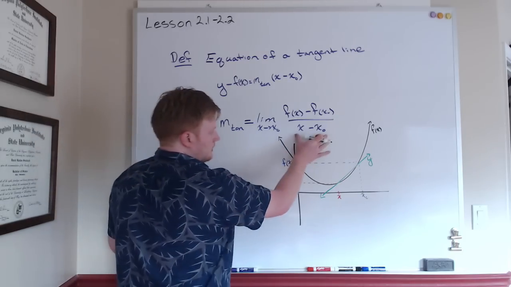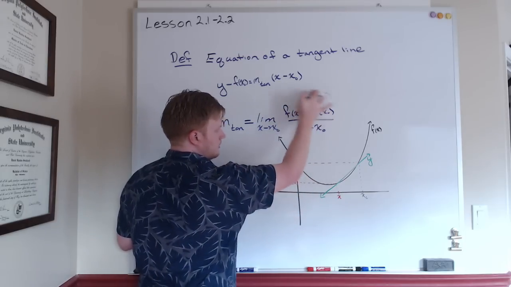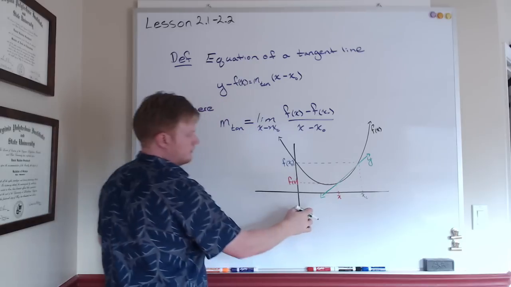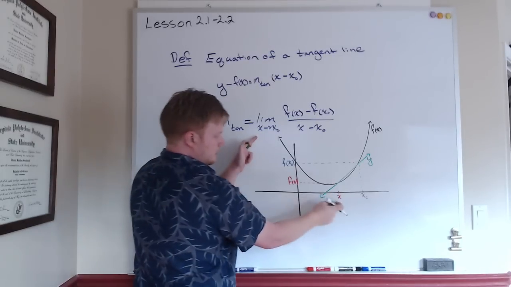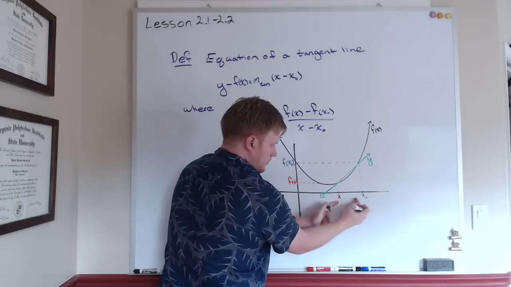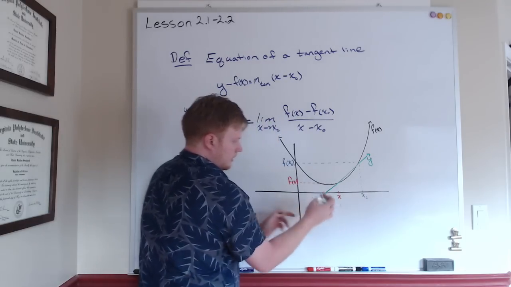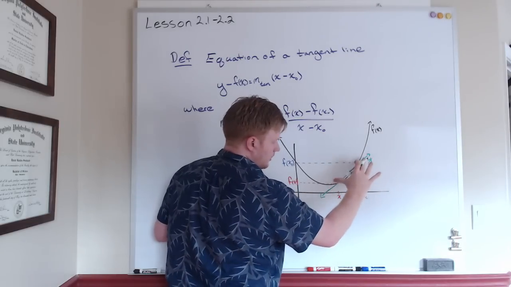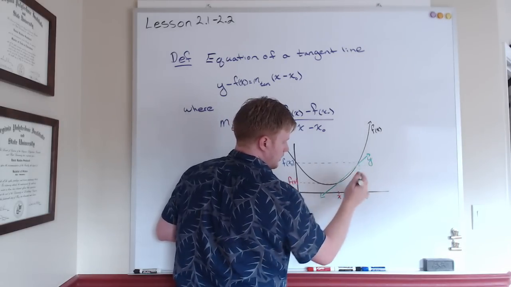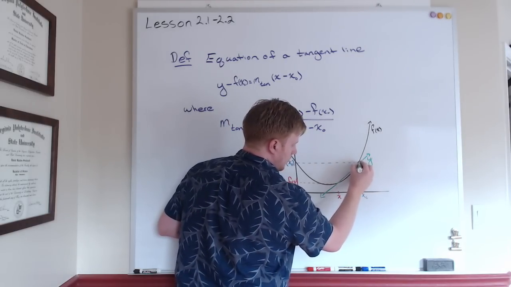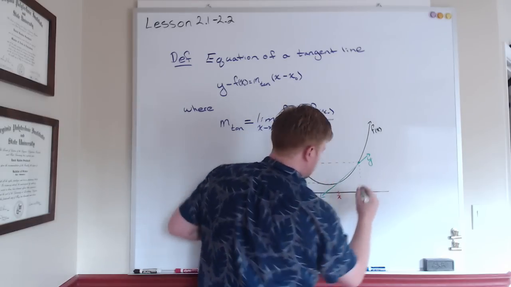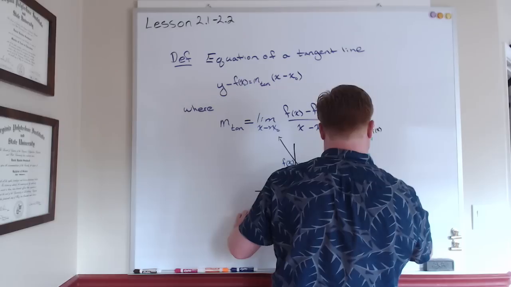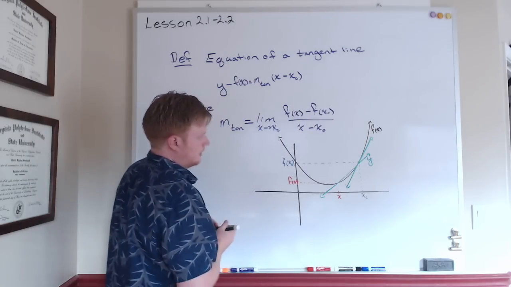All that is really saying is this is the secant line graphed in green, and I want to take the limit as this x value gets closer to x naught. As that happens, this line, well, it's always straight, begins to become more and more tangent at the point x naught until we have the tangent line.